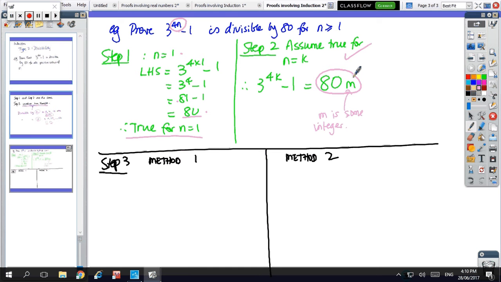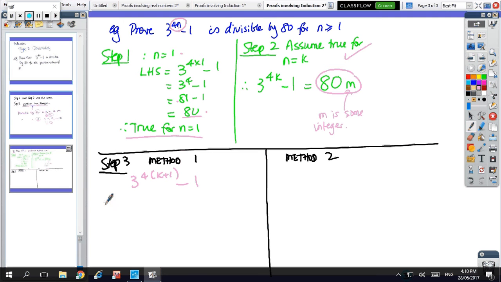Okay. So what we do now is I'm going to show you 2 methods, and they're both valid. So what we're going to do is where the n is, we're going to put k plus 1. Okay, so 3 to the power of 4k plus 4, minus 1, and that is going to be divisible by 80 in the end.